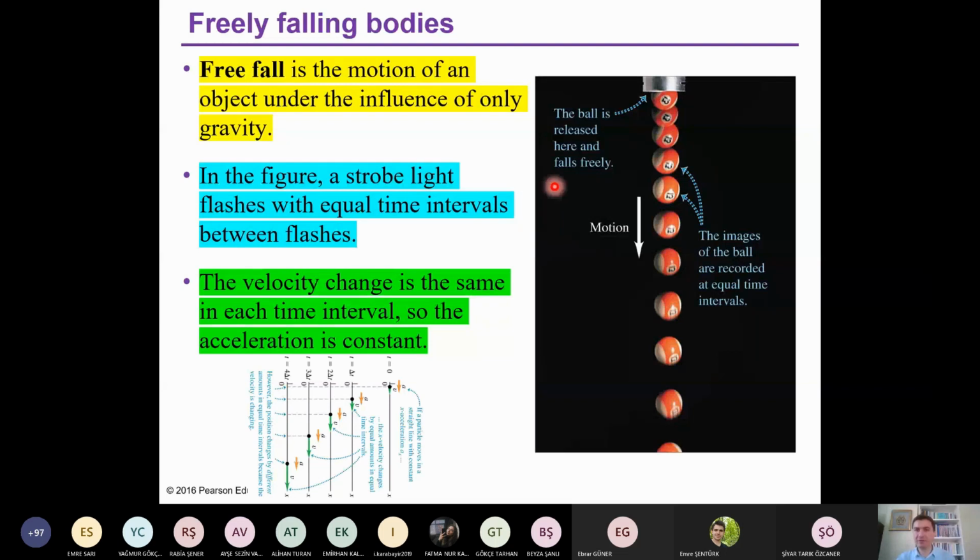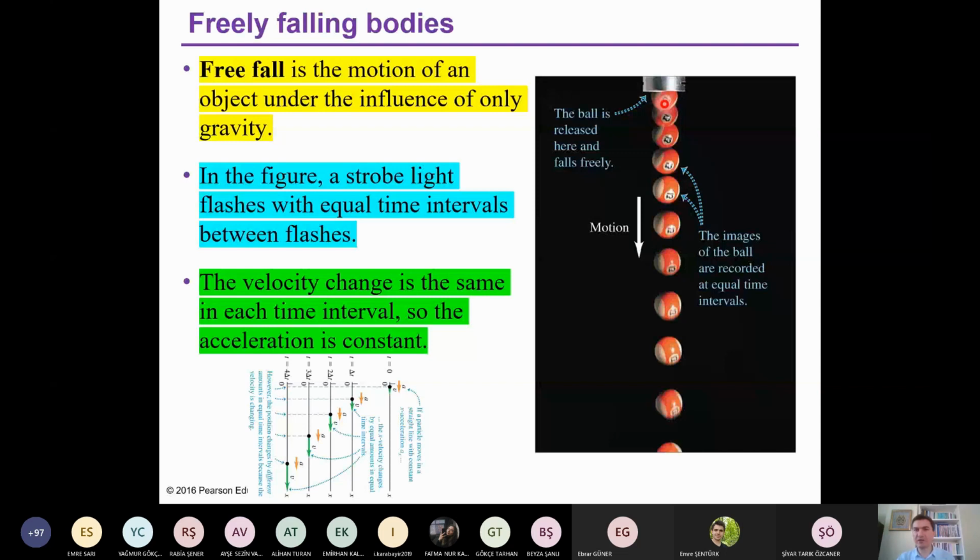So here you see a ball, and you release this ball from rest and then it falls. So you have a very nice photography machine, for example, and you take pictures every millisecond, let's say, and then you record the position of the ball for each time interval.